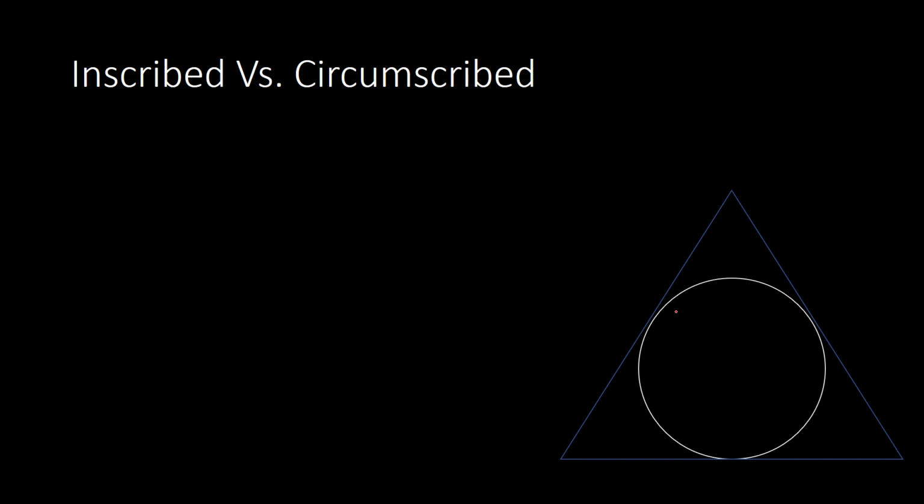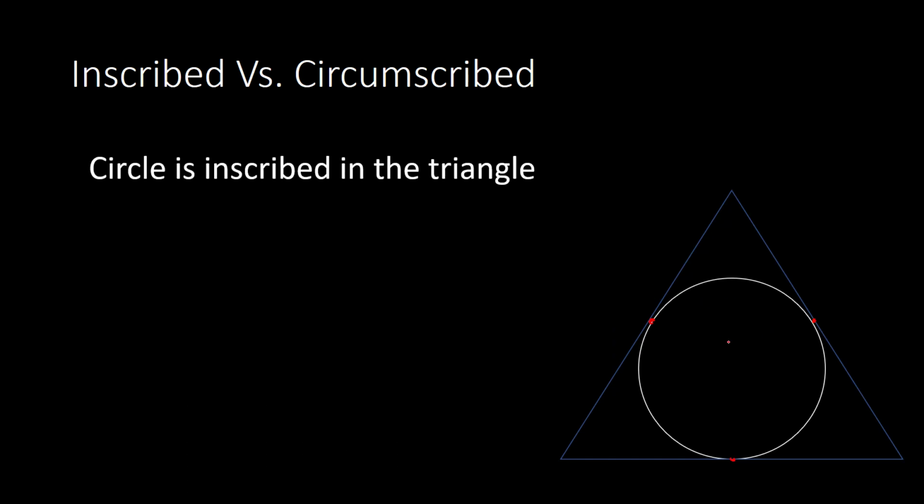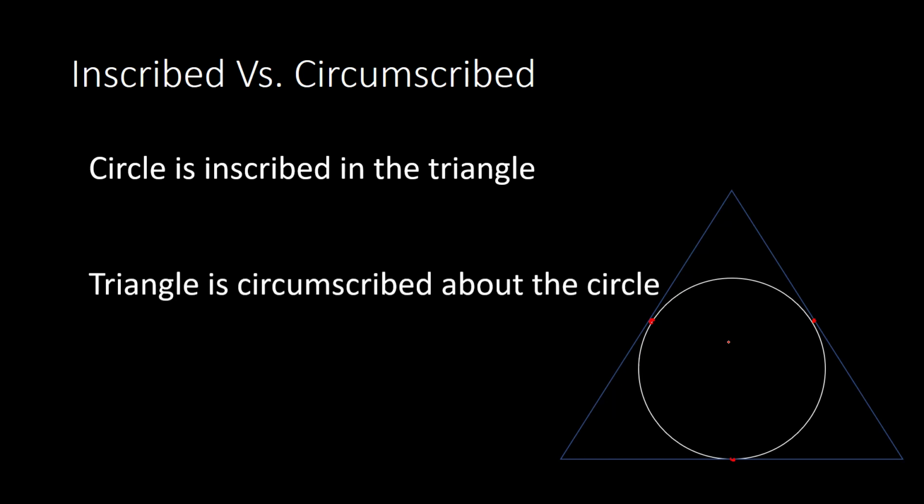And notice that the circle is touching every side of the triangle. The circle is touching here, and then touching over here, and then over here. So because it is touching every part of the triangle and is on the inside, we can say the circle is inscribed in the triangle, and we can say the triangle circumscribes the circle.